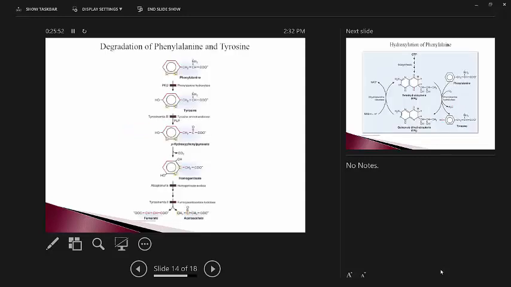Okay. Here we now have probably the one enzyme, the one amino acid that kind of works overtime in terms of inborn errors of metabolism.